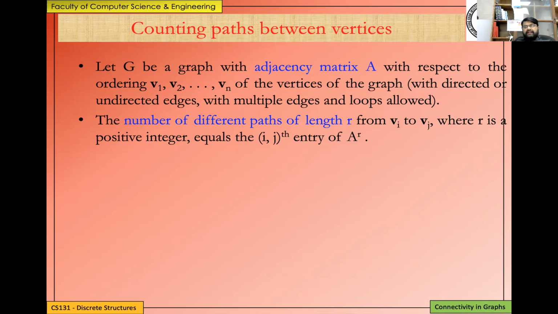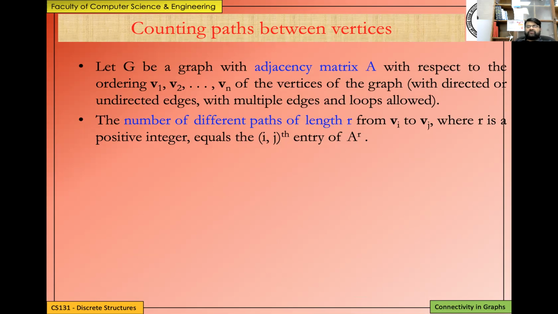R is a positive integer, and the number of different paths of length R from Vi to Vj equals the ijth entry of A to the power R, where by A to the power R we are multiplying the matrix with itself R times. Whatever value is in the ijth entry is the number of different paths of length R that are possible.